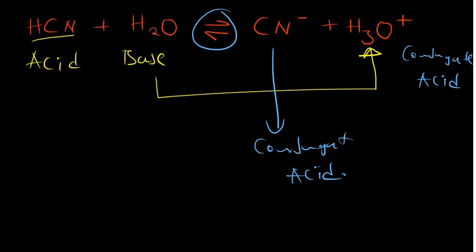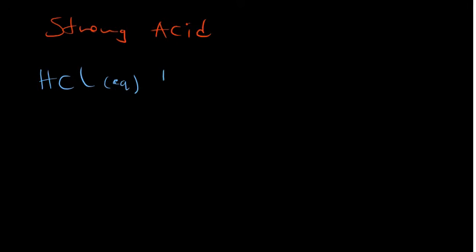Okay, let's talk about the difference between strong acids and weak acids. I've already mentioned that what makes a strong acid or a strong base is the fact that strong acids dissociate completely or ionize completely. By that we mean that if you dissolve, for example, HCl as a strong acid, of course acids are in aqueous state, if you dissolve it in water, it is going to ionize completely.